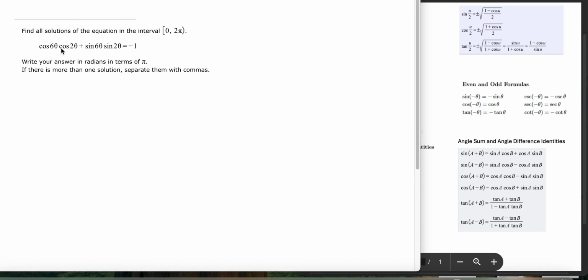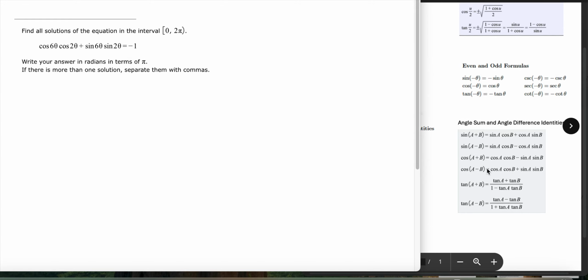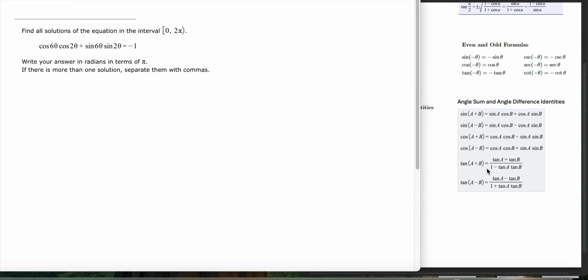Okay, so when I look at the left side of the equation, what pops into my head are the angle sum and angle difference identities. So I have those brought up over here. Notice we've got cosine, cosine, addition, sine, sine.